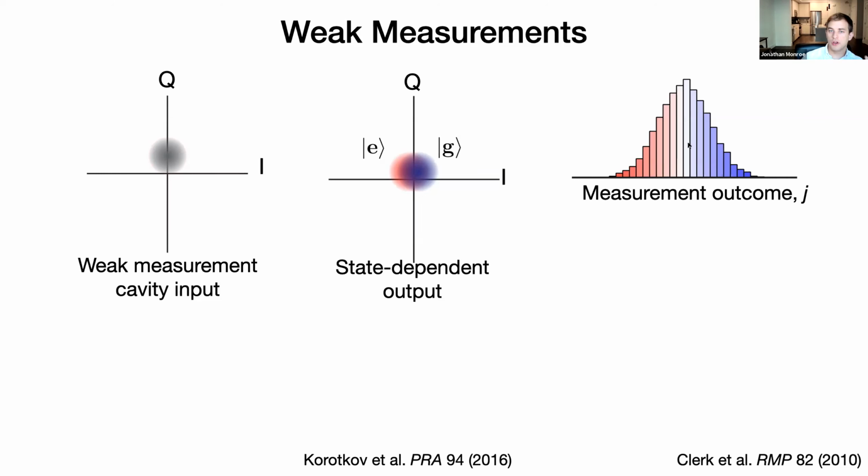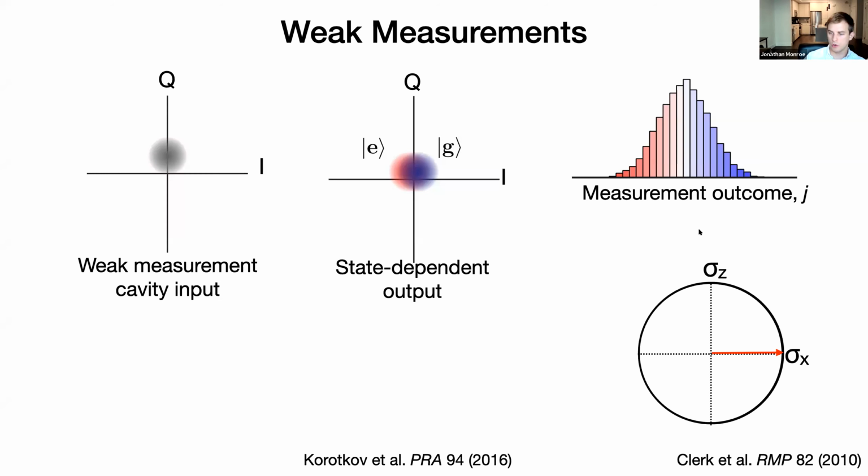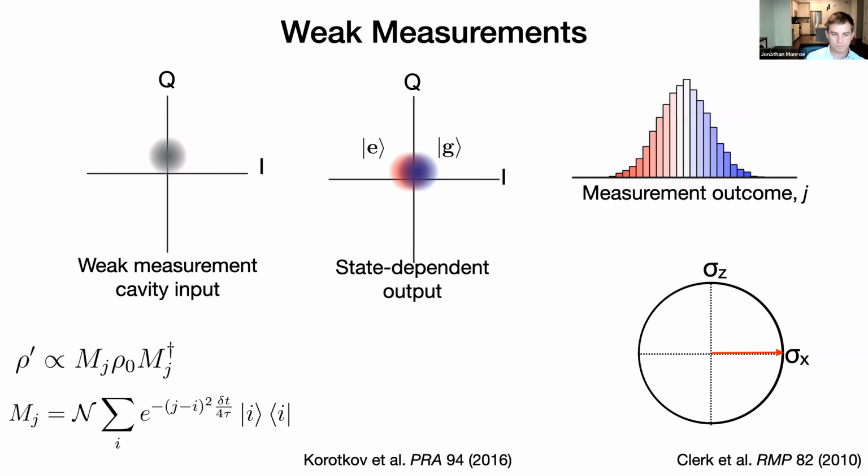Now, if we put in a superposition state, so that's this sigma x pointing state on the Bloch sphere, we start off with a state and we update our state after every small measurement outcome j.